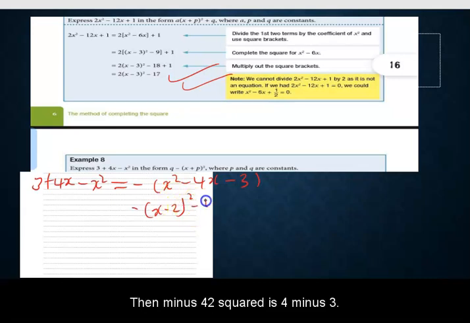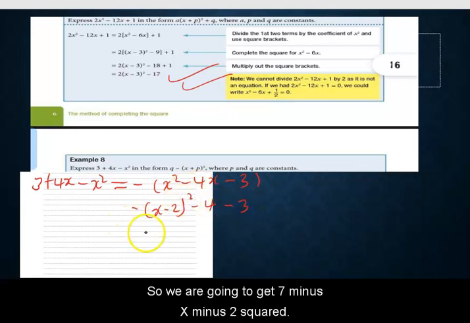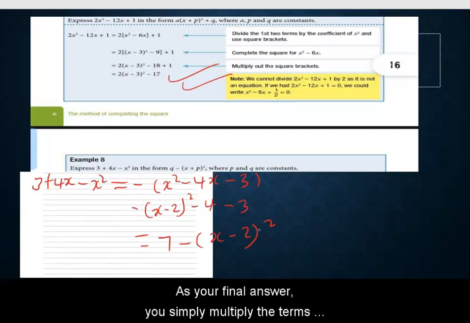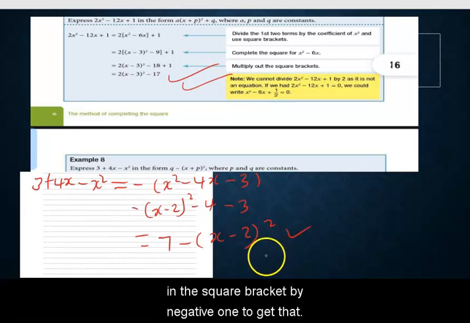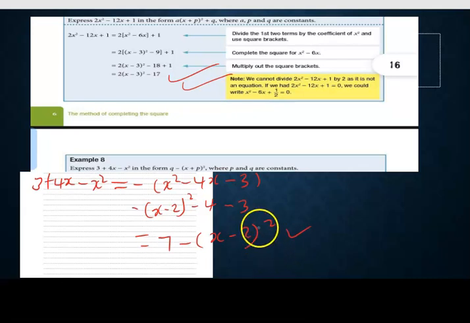Then minus 4, 2 squared is 4, minus 3. So we are going to get 7 minus x minus 2 squared as your final answer. You simply multiply the terms in the square bracket by -1 to get that.